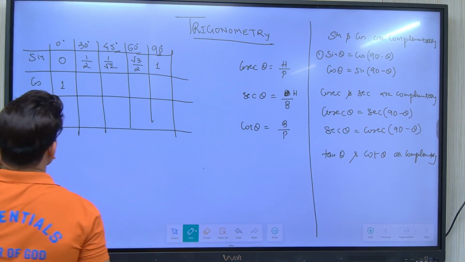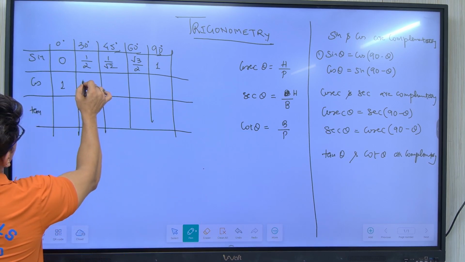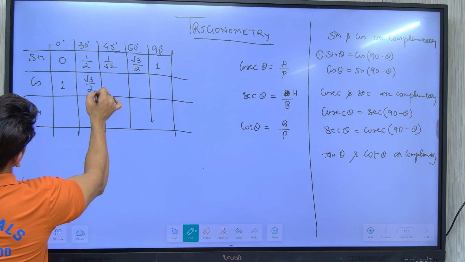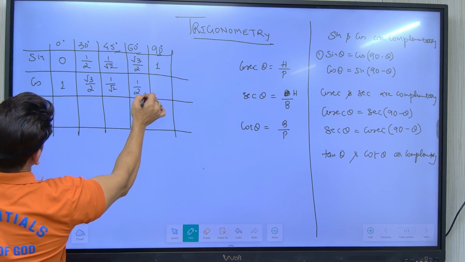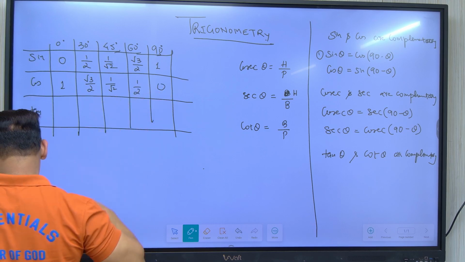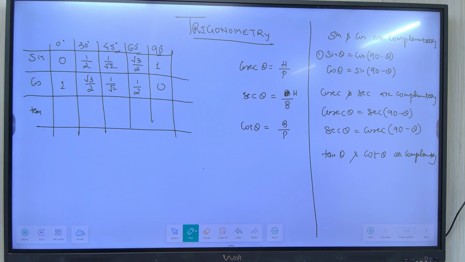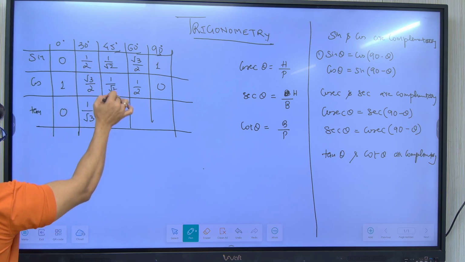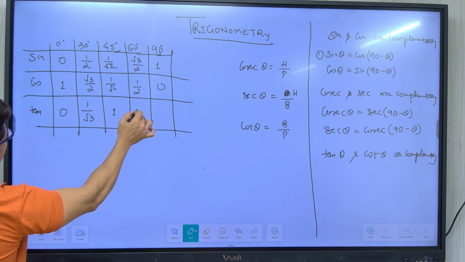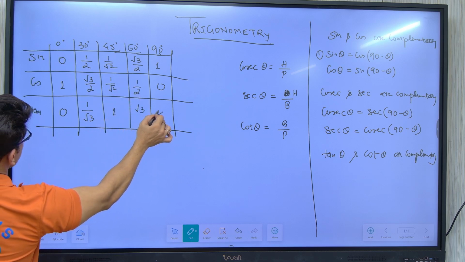And tan is what? Sin upon cos. Tan is also equal to sin theta upon cos theta. This by this. 0 by 1 is 0. This is 1 by root 3.